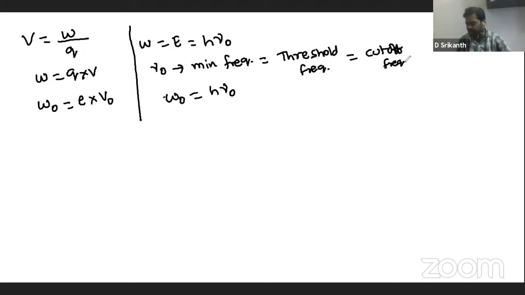Now, firstly, what is the cutoff frequency, or what is the meaning of cutoff? Before 10th class, or even in your plus 2 or intermediate, in any subject, to decide whether the student passes or fails, the mark is 40.